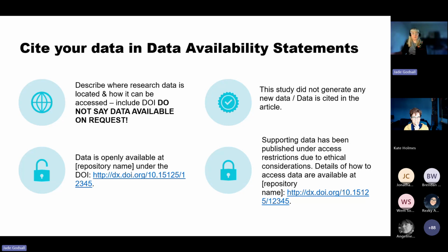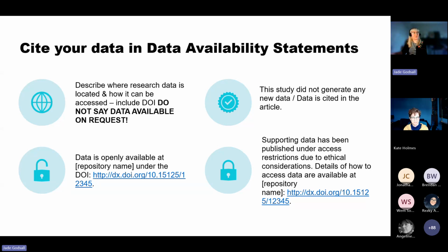Do not say data available on request; it is not sufficient. A lot of funders don't accept it, and a lot of journals now don't accept it. It's also not transparent as a process of where your data is or how it is accessible.